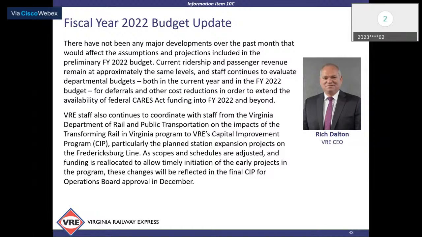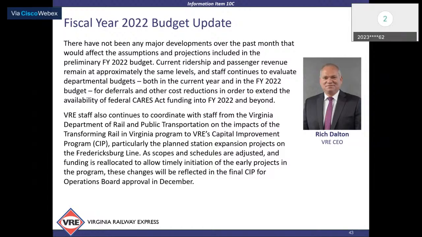I just want to give you two brief examples, one of which you all acted on last month and one that we were discussing just earlier this morning. So the construction of the Quantico station has been able to advance because we were able to reprogram some of the SMART SCALE money that we had from the Brook station project, while still advancing the overall goals of our SMART SCALE line capacity expansion program.